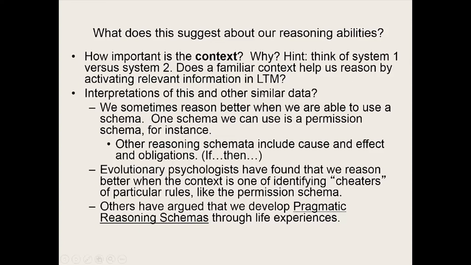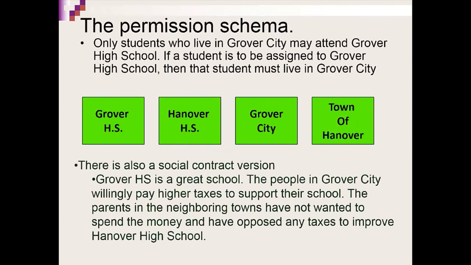And so we can interpret these types of studies and similar types of studies by saying that we sometimes reason better when we are able to use a schema, right? And the schema activates relevant knowledge and relevant information that allows us to more quickly get to the answer. One schema we can use is called a permission schema. And so let's take a look at a permission schema here.